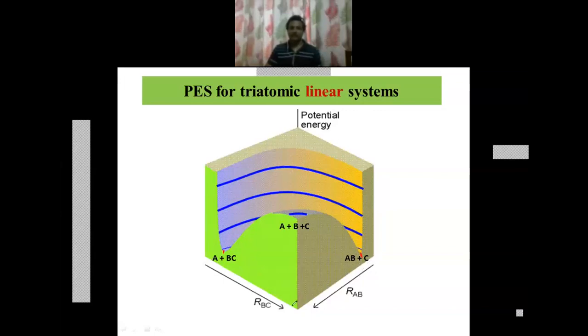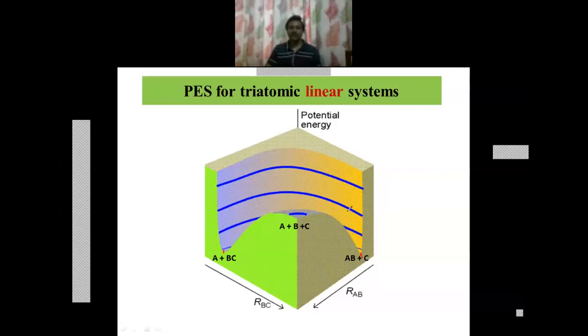Now when it goes from reactants to the products, the reaction is going to face a potential, and it goes like this, moves like this, and comes here. How the potential is going to look like, you can sort of visualize from this three-dimension figure.